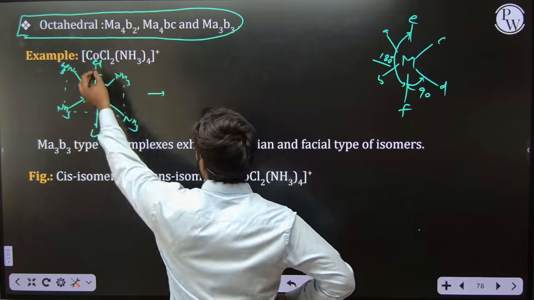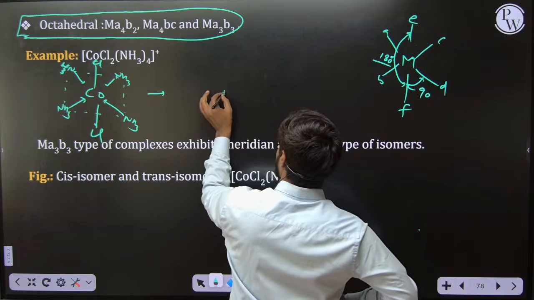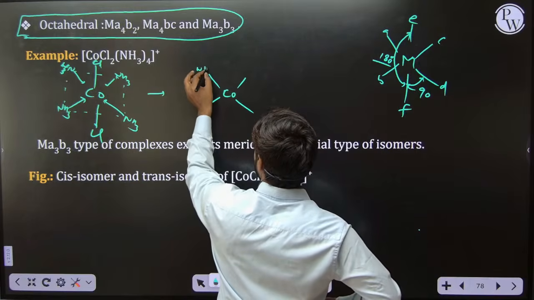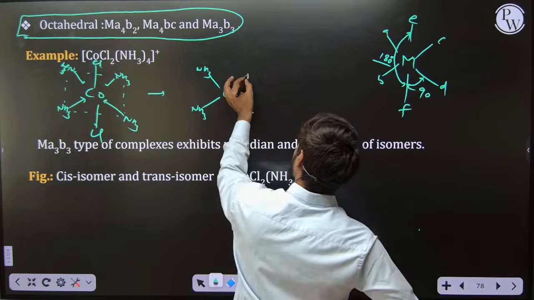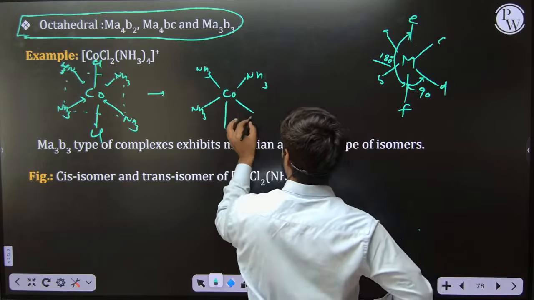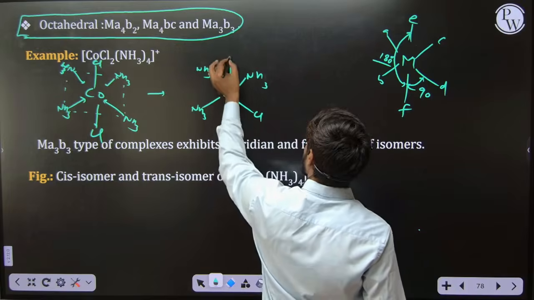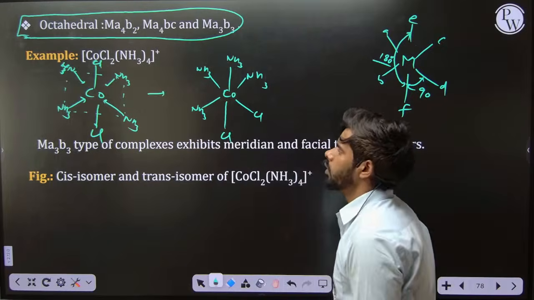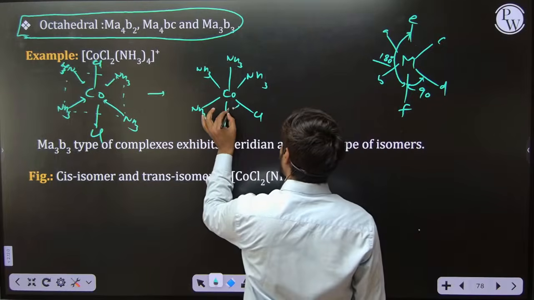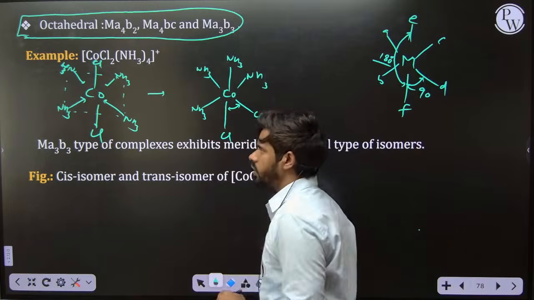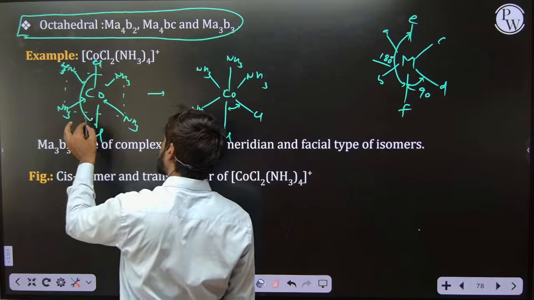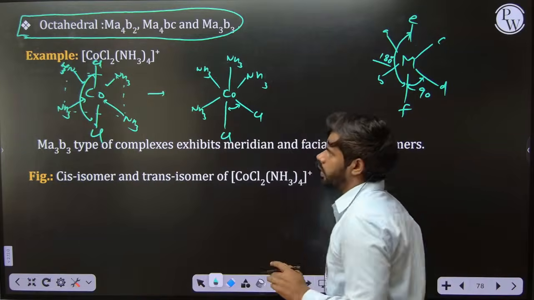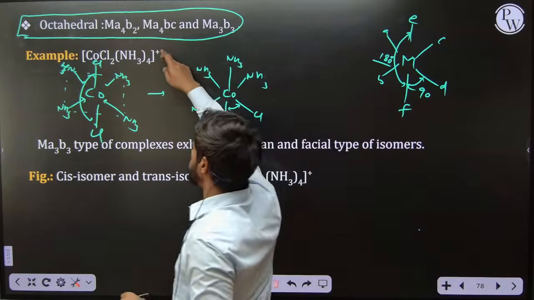Here chlorine is at 180 degrees. The other way we can draw it, the chlorine is at 90 degrees. So the relative position of chlorine is changed. These are the geometrical isomers of this complex.